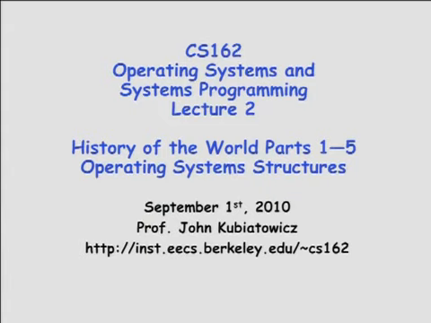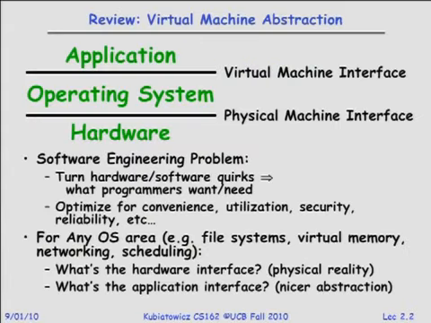Last time, in addition to introducing you to the class, we talked a bit about virtual machines. We're going to view operating systems as a kind of virtual machine abstraction throughout this class. The idea is to take the hardware interface, the physical interface, and turn it into something that's easier to program, more secure, and has better overall properties like reliability and dependability.